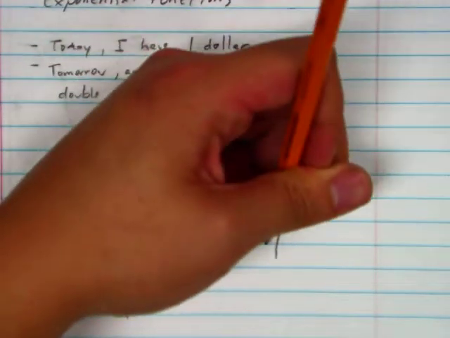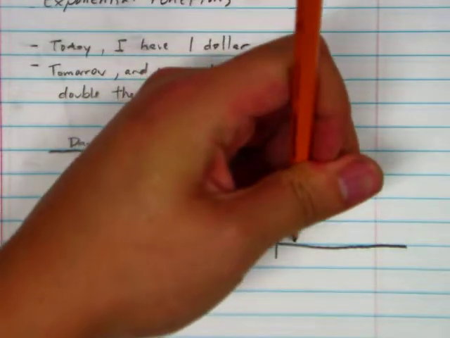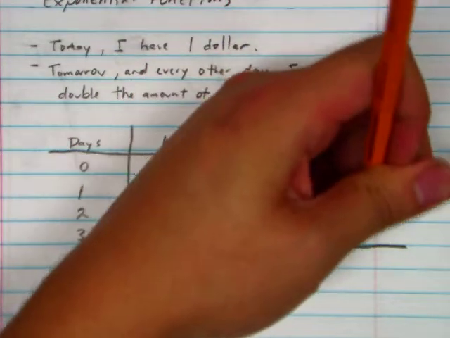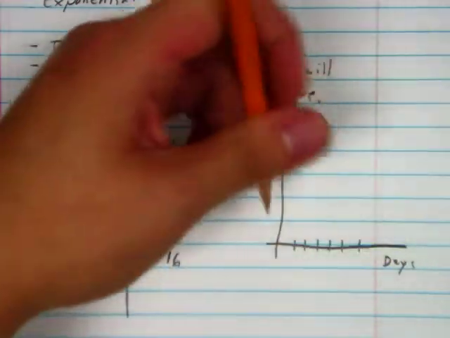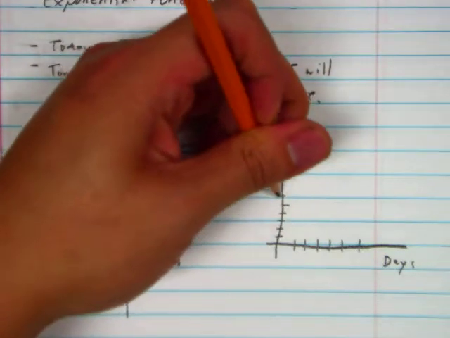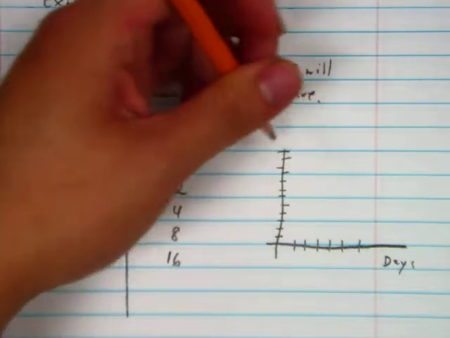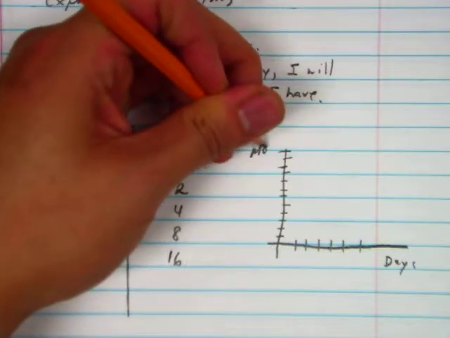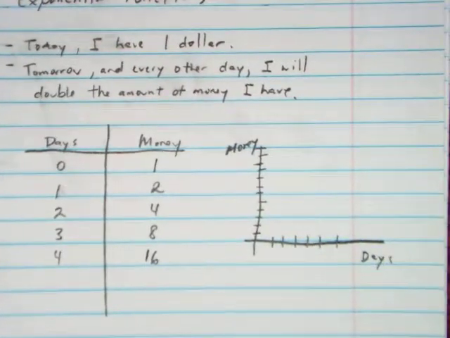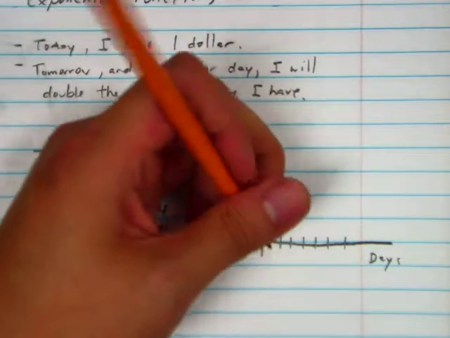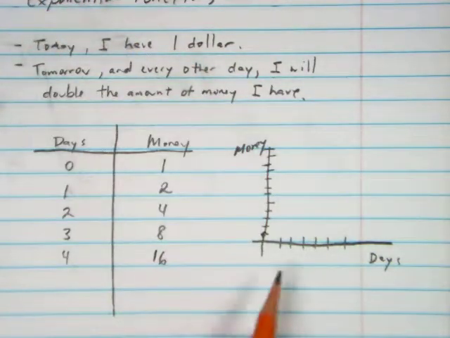Let's go ahead and look at that on a graph now too. So this would be days, and this would be my money. After 0 days, I would have $1.